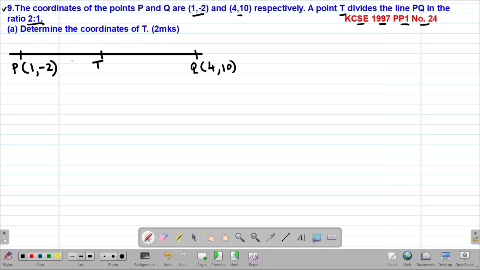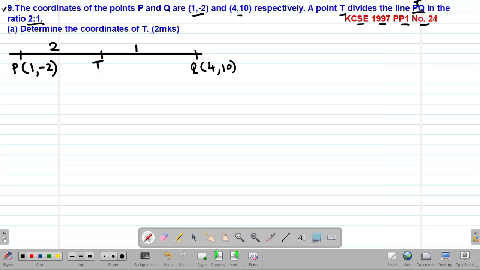If this is T, then this will be the ratio 2, then this will be 1. So you just take the ratio of division in the order given. So T is in between here. Therefore, the ratio of PT is 2, whereas the ratio of TQ is 1.